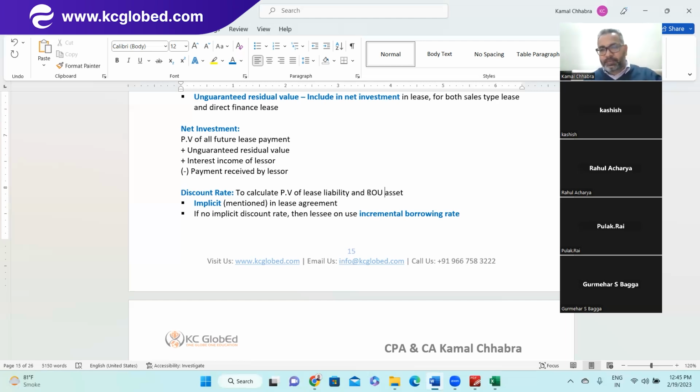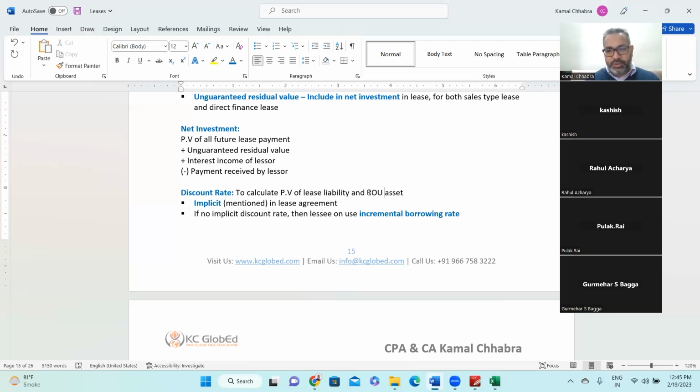Incremental borrowing rate is, for example, I am a lessee and you are a lessor, right? Let's assume I have a construction business and I need a JCB machine, and you have a JCB machine. If I had to purchase the JCB machine and take the loan from the bank, what is the interest rate the bank would have charged me to provide this loan?